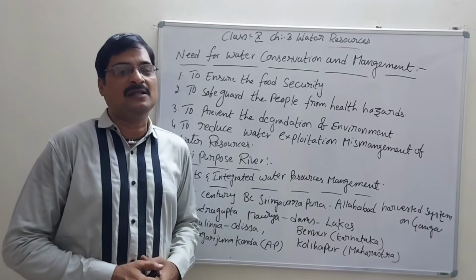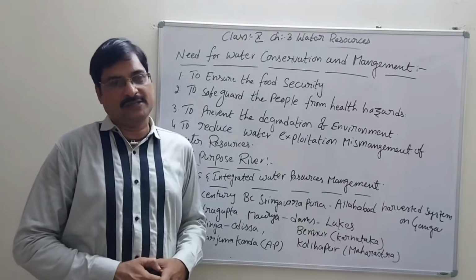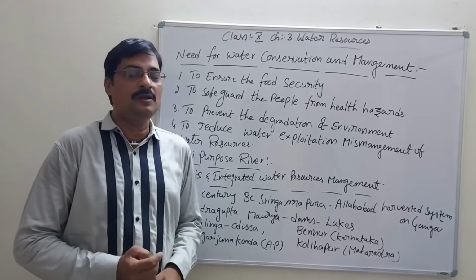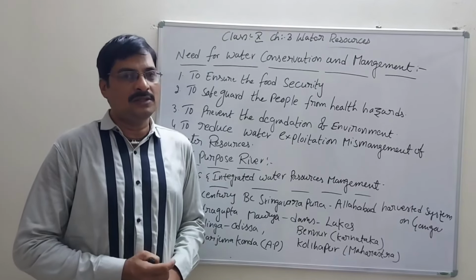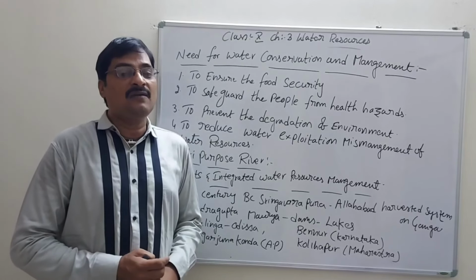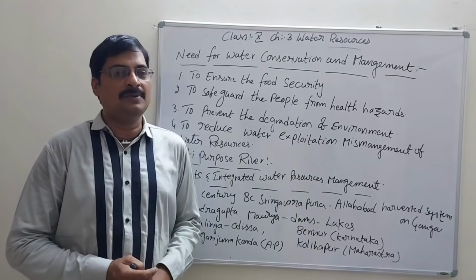All the dust particles are removed from our body through urine and sweat. So how is it possible? It is possible only by drinking water. That means water removes our health hazards also. So we need water compulsorily.